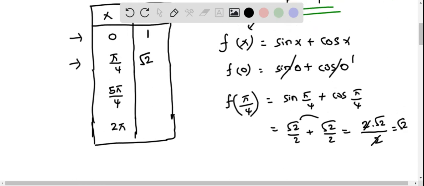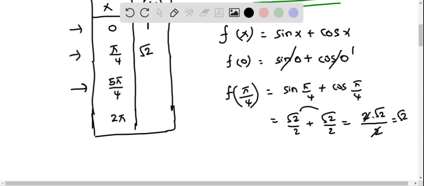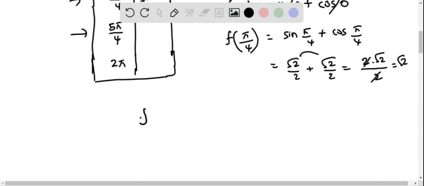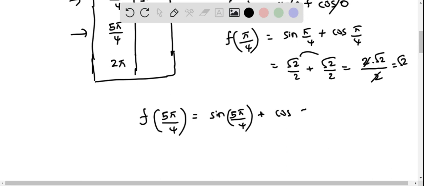And now when x equals 5 pi by 4, we determine the function value. So f of 5 pi by 4 equals sine 5 pi by 4 plus cos 5 pi by 4.